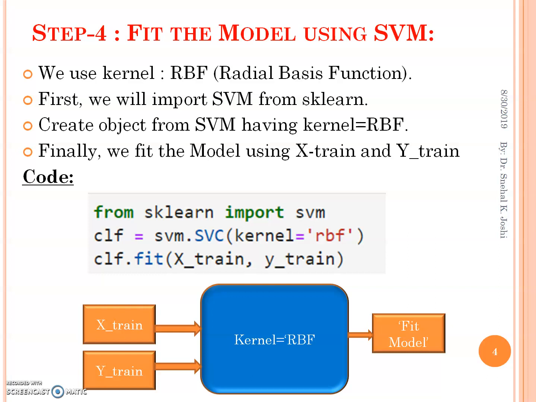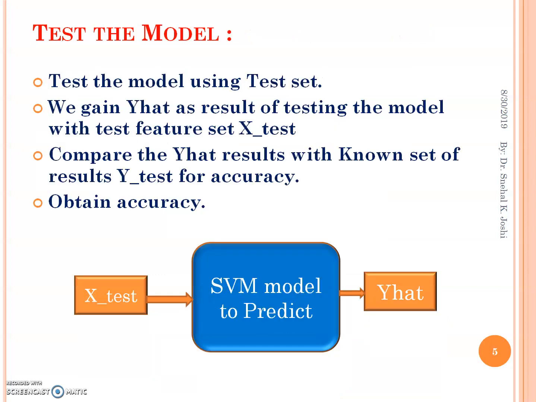Next task is to predict using the test set. Now, we will test the model with our test set. We pass the X-test feature set to the model and get the prediction in the form of Y hat. We will compare our obtained Y hat results with the known set of our Y-test results for accuracy.